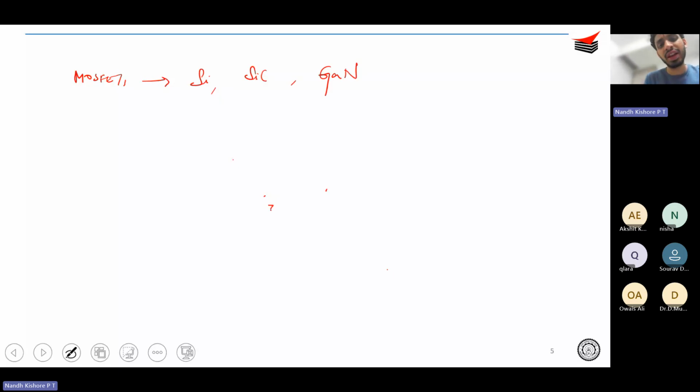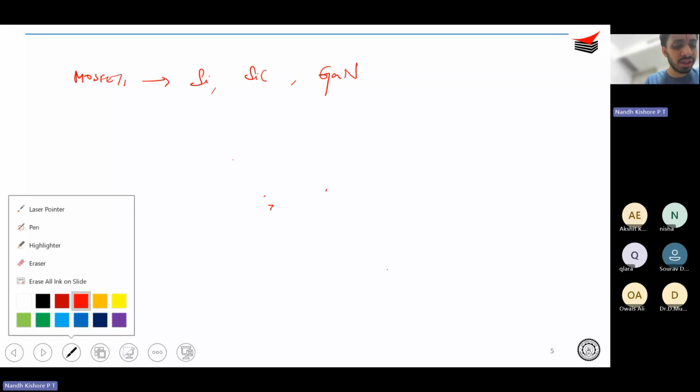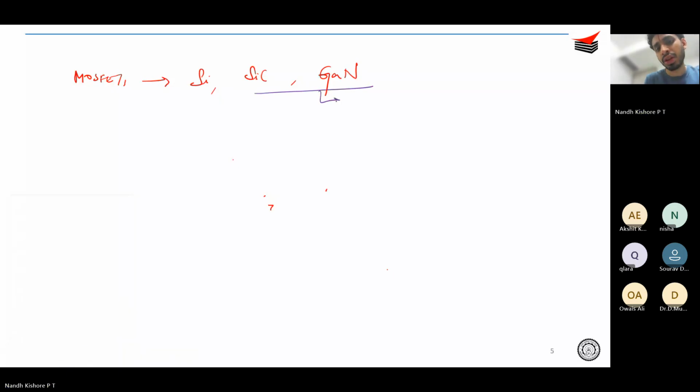The advantage with silicon carbide and gallium nitride is that they allow for faster switching speeds, so they allow faster TR and TF. Whatever we saw as 100 nanoseconds can be halved or made even lesser, around 40 to 50 nanoseconds.